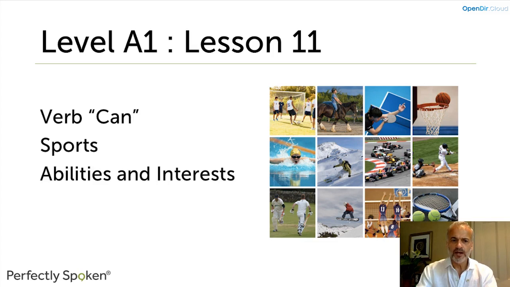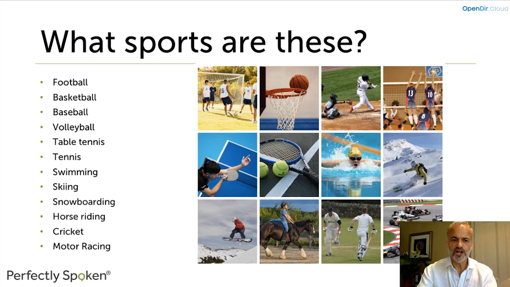Okay, now let's have a look at what the sports are. So if we look from left to right, then these are the names of the sports. So listen and repeat.